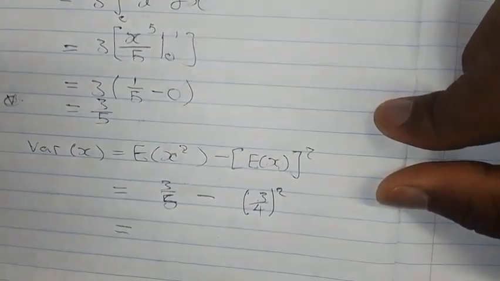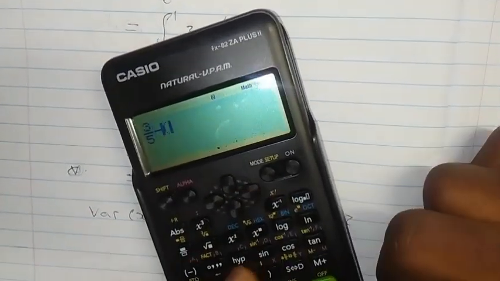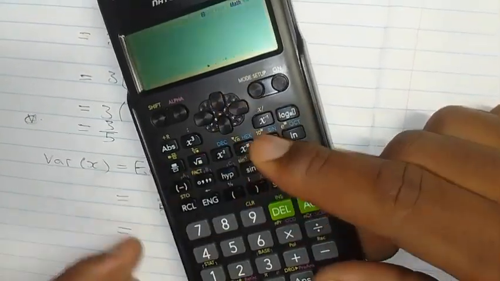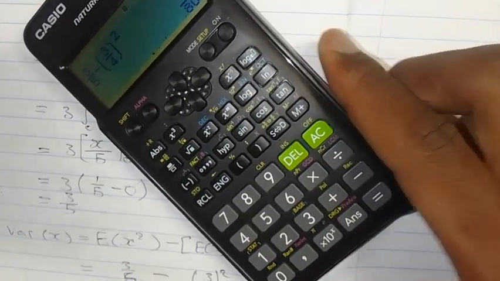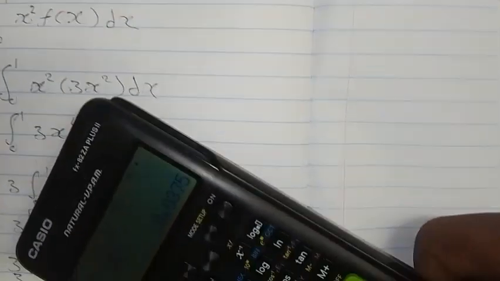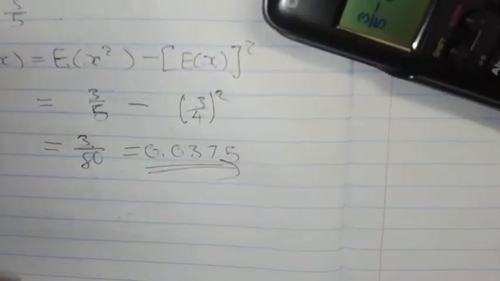Punching that in, 3 over 5 minus the square of 3 over 4 gives us 3 over 80. In multiple choice questions, the answer is usually in decimal places, usually 4 decimal places. So you're going to have 0.0375, and that's the variance of x.